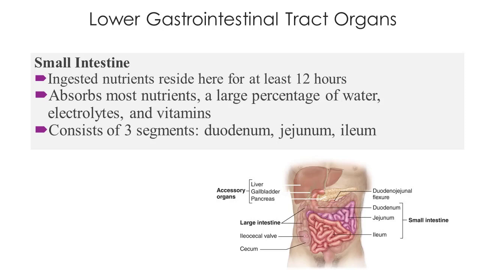And look, most nutrients, water, electrolytes, vitamins, everything. And the small intestine in order is the duodenum, the middle segment is the jejunum, and the last segment before you get to the colon is called the ileum. Those are the three segments.